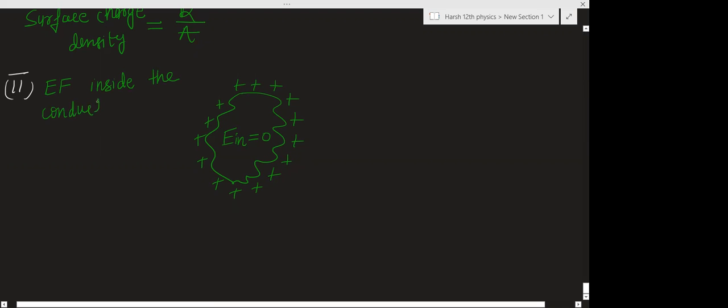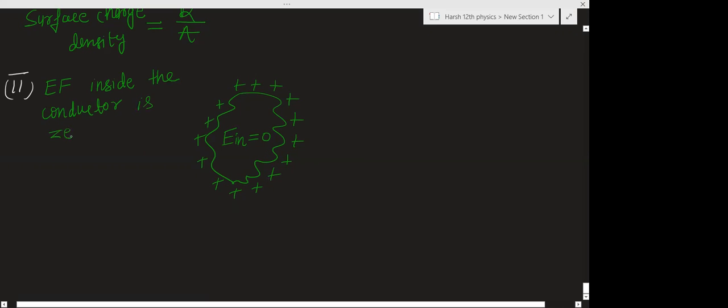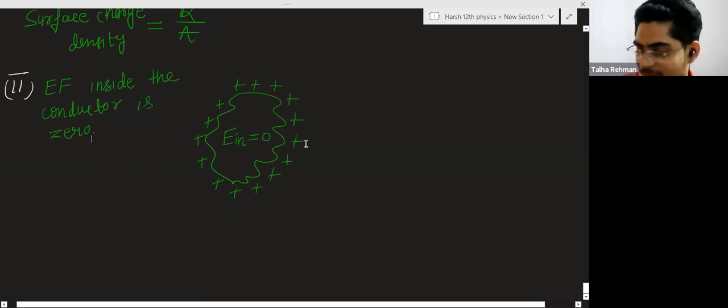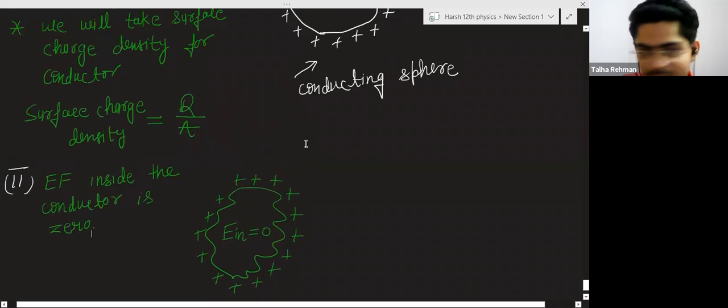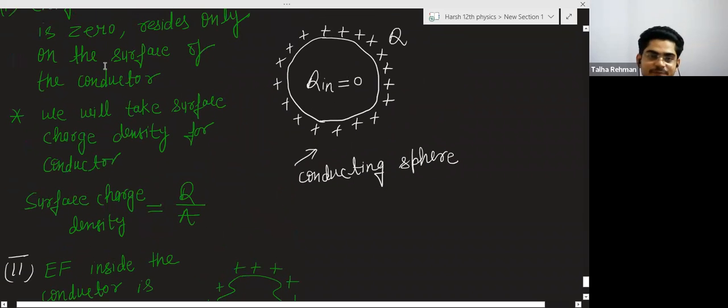Second. Okay, what do you want to say? Please tell me. Sir, after writing this one, can you just scroll up? I have completed this point. Can you just scroll up? Yeah, thank you, sir. That's it.